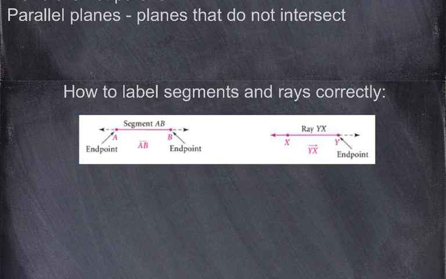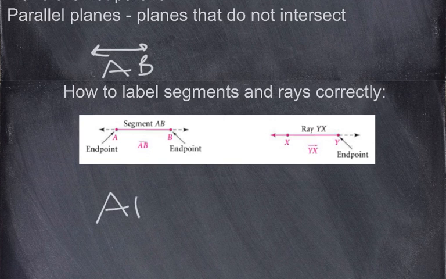Now, let's talk about how to label segments and rays. We talked about how to label a line. We labeled the line last time by, blue's not a great color with this background, by using two capital letters and using arrows on both sides. That was for a line. Well, for a segment, if you're just going from A to B, one endpoint to another, we make the segment above it without the arrows.